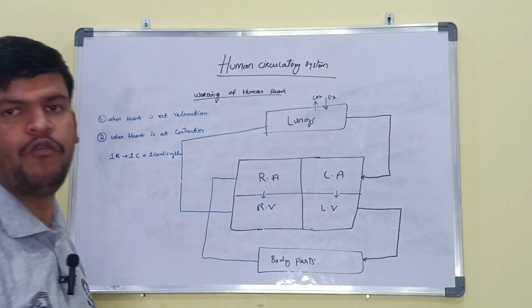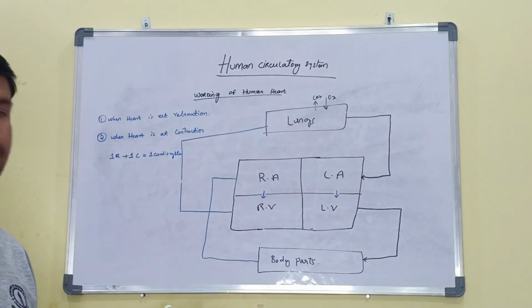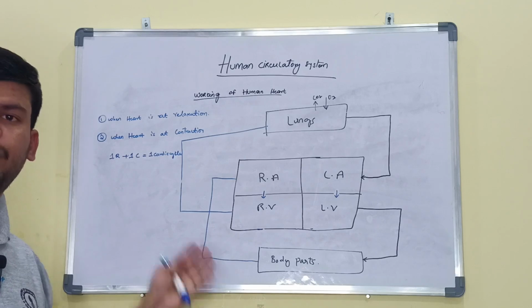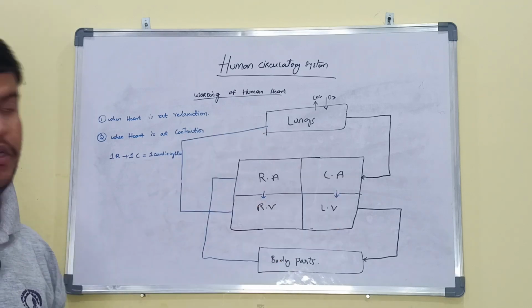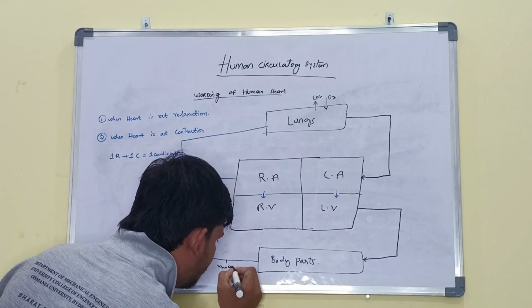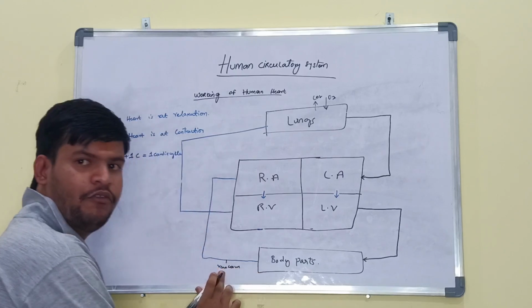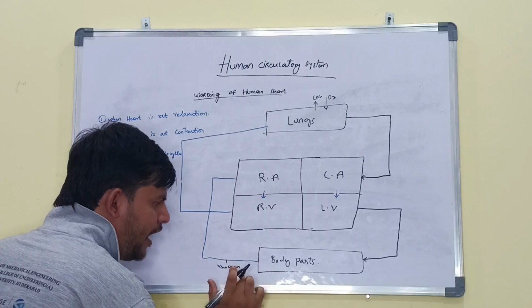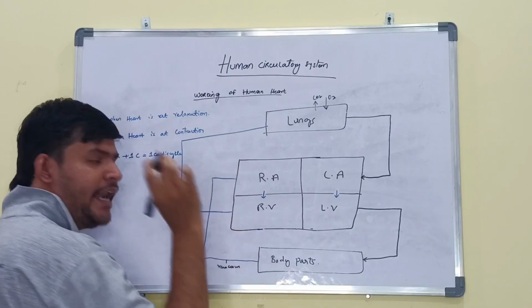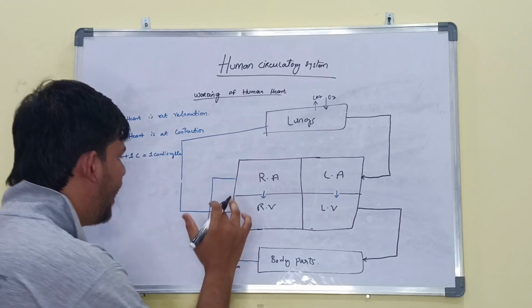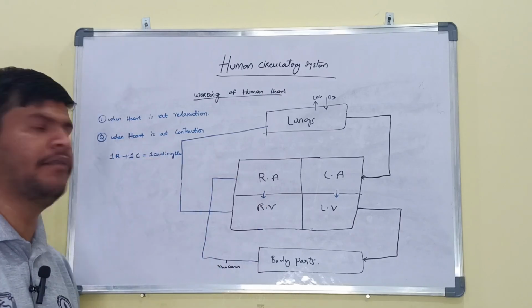Let's write what are the parts included to transport the blood towards heart and towards the body parts. First one is vena cava. Vena means vein, cava means the largest vein. That means the largest vein will carry the deoxygenated blood from all the body parts and transport it to right auricle.